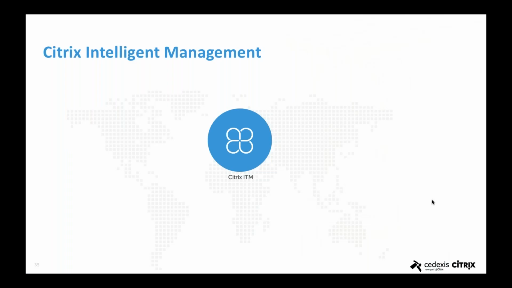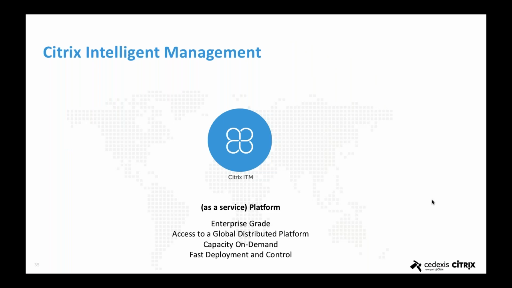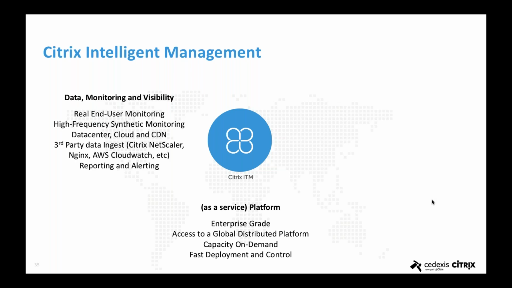So to conclude and sum up what Citrix ITM is: first, it relies on a shared platform, globally distributed on multiple networks for high resiliency and high performance, and which can be scaled up very easily if traffic grows.